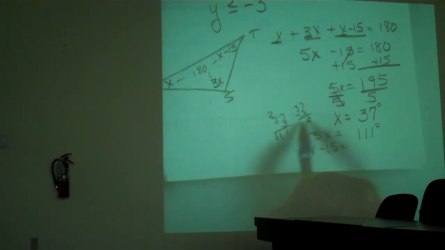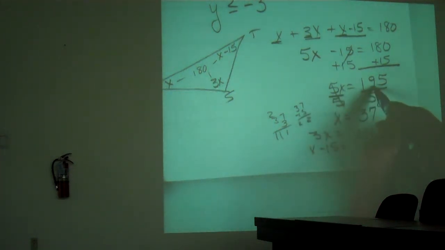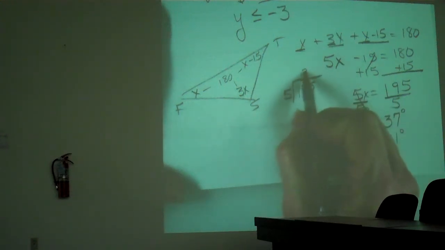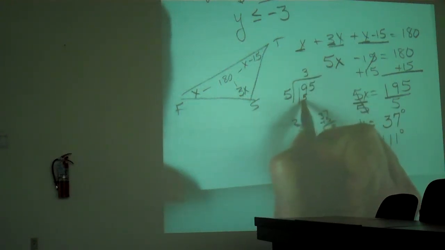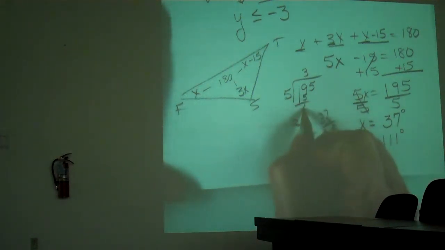Excuse me, isn't it 39? Yes, could be. Let's see, 15, 45. Yes, I did it in my head and I did it wrong. 5 into 19 is 3, and I was bringing 3 down instead of 4. That's why I got a 7.